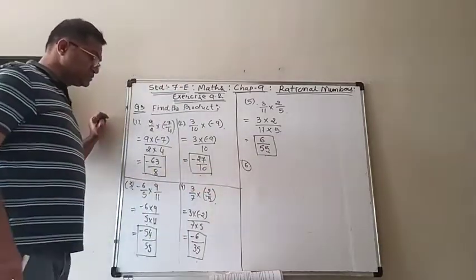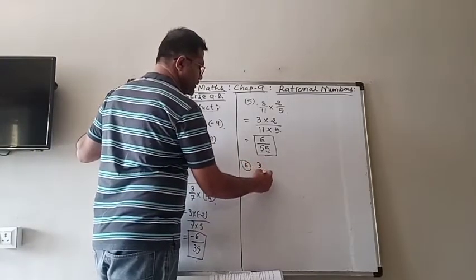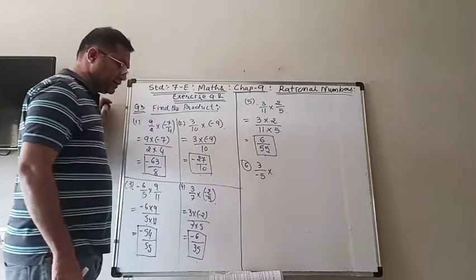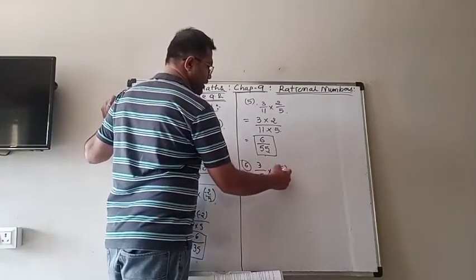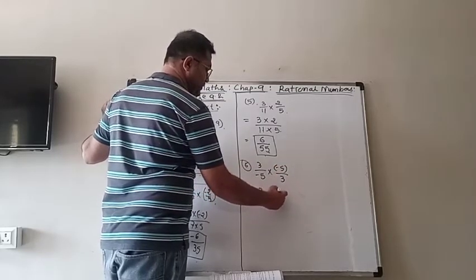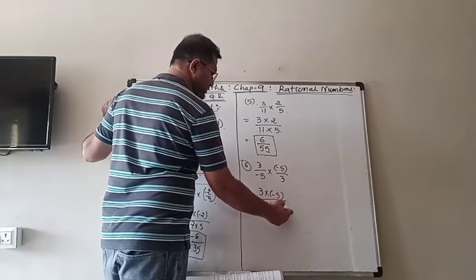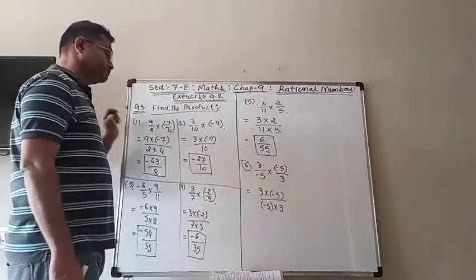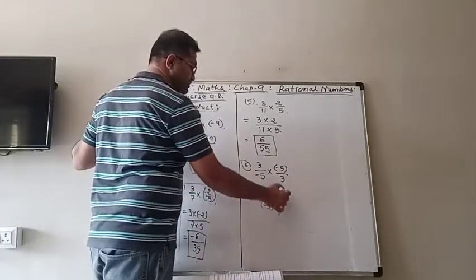Let's do the sixth one. 3 upon minus 5 multiplied by minus 5 upon 3. So here 3 multiplied by minus 5 upon minus 5 multiplied by 3. But here you can see that in the numerator and denominator there is 3 as a common factor.